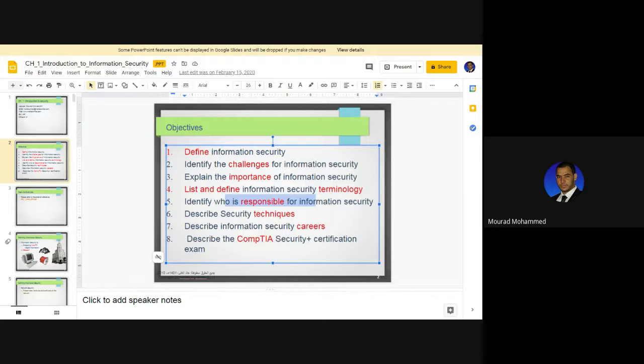Whenever we are talking, for example, of information assurance and computer security, it's not the same context as when we talk about database security or a web-based security specialist. So we'll clarify that. It would be more clear for you when we talk about the responsible parties for different responsibilities within the digital environment.